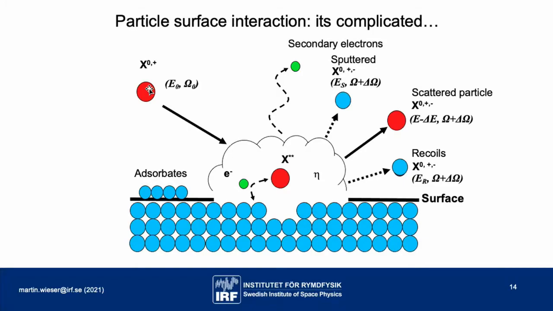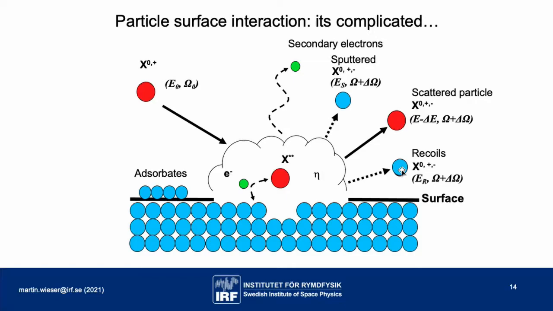Mainly, there are secondary electrons produced by incident ions or neutrals. There is the incident particle, which may be backscattered away from the surface again, or it may produce recoils, which are single collision particles. So the red original particle gets buried in the surface, and one of the top atoms of the surface is knocked out.